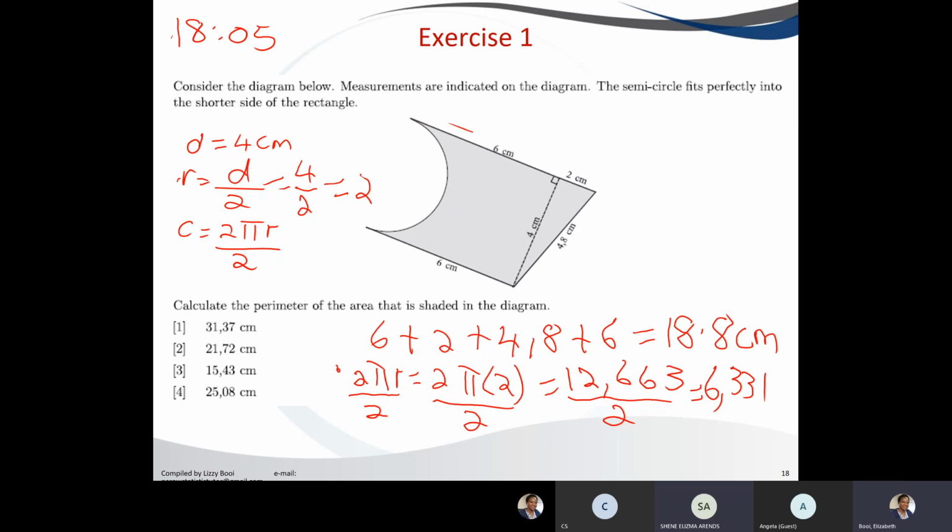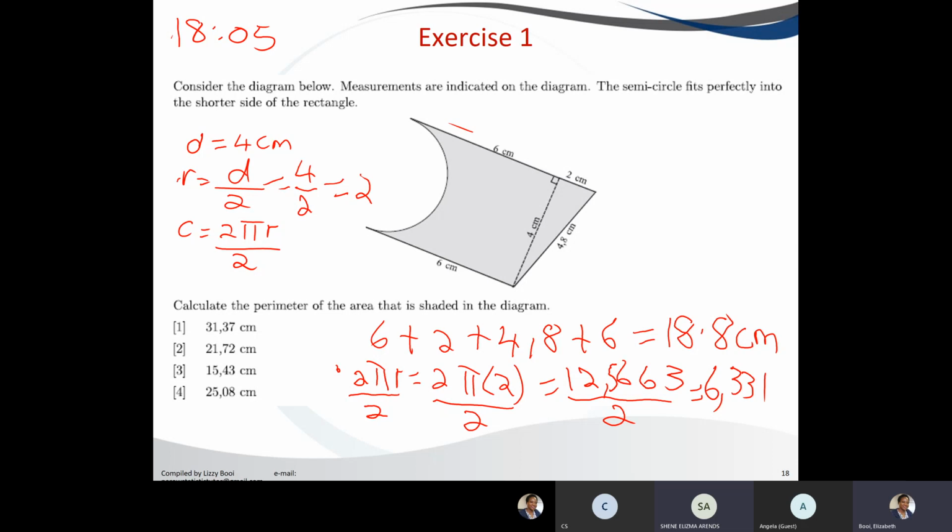So you say 2 multiplied by the pi button, multiplied by 2. Are you sure you got 12.663 or 12.5663? It's 12.5663, not 12.663.